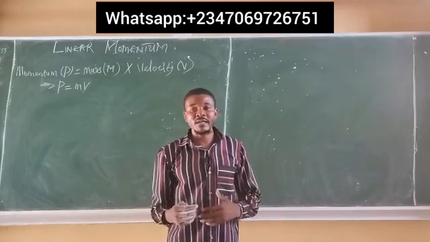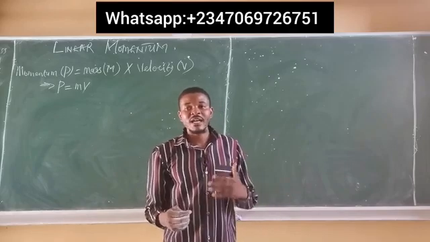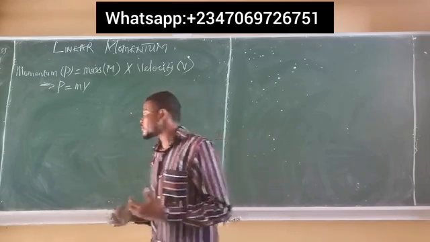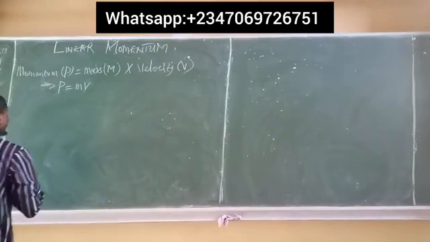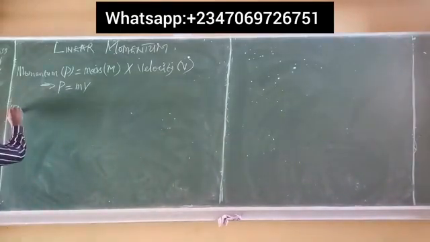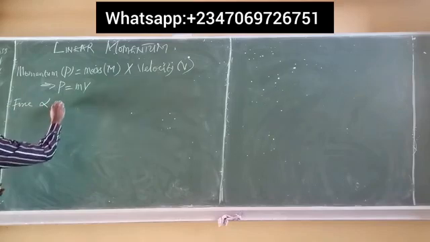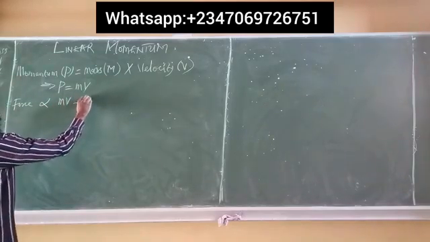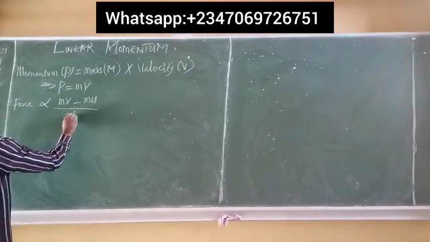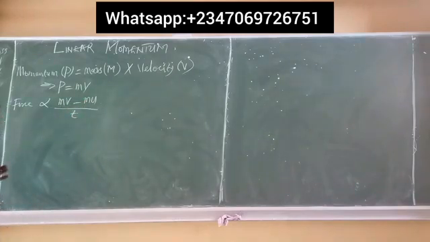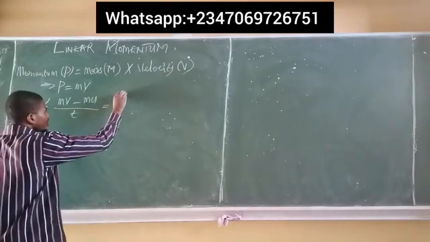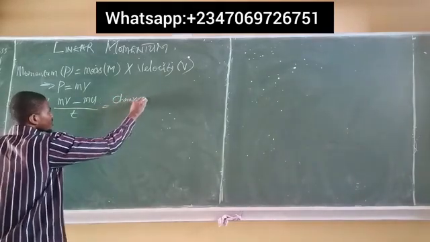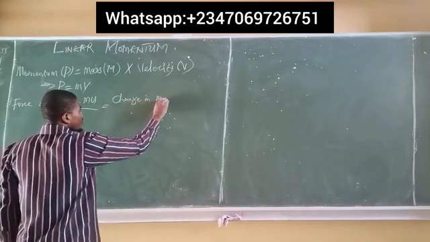If we put that down mathematically, force is directly proportional to the change of linear momentum over time, that is, mv minus mu all over t, where mv minus mu stands for the change in momentum.